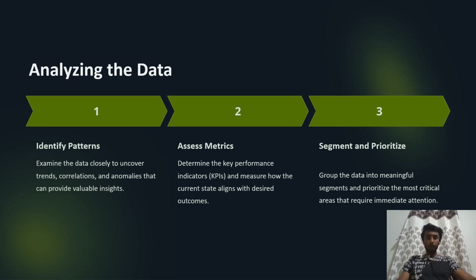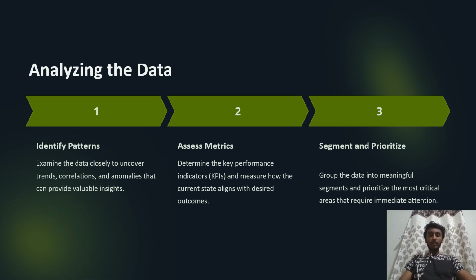Analyzing the data. Identifying the patterns, assess metrics, segment and prioritize are the three things that play a crucial role as steps in analyzing the data. In identifying the patterns, examine the data closely to uncover trends, correlations, and anomalies that can provide valuable insights. Assess metrics: determine the key performance indicators and measure how the current state aligns with the desired outcome.